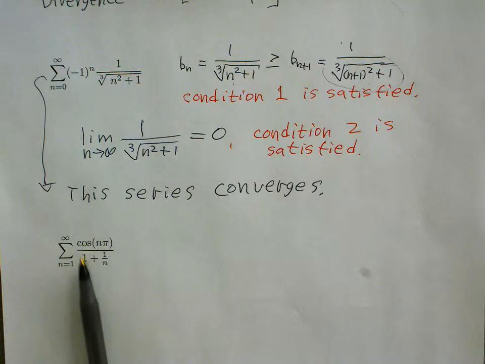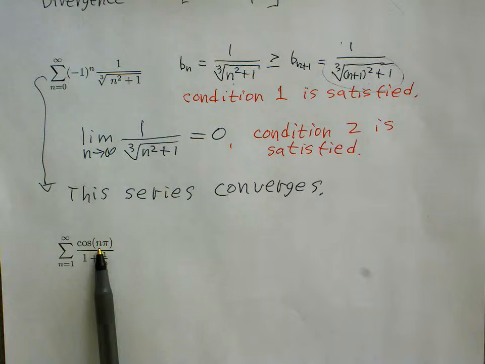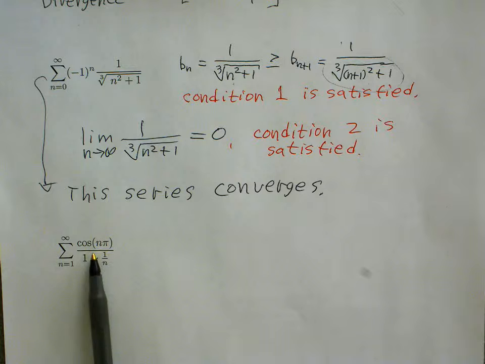So this is listed as an alternating series, and you can see what cosine of n times pi does when n is an integer. When n is 1, cosine of pi is -1. When n is 2, cosine of 2 pi is +1, and so on. It just alternates back and forth.